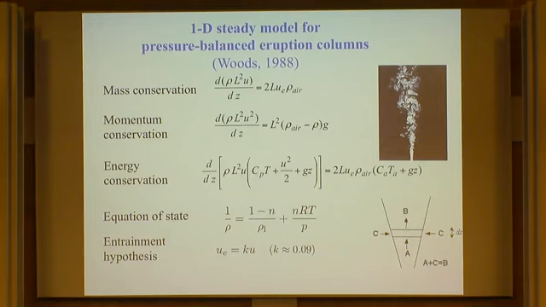And there's one important assumption called the entrainment hypothesis. That is, entrained air velocity is proportional to average velocity. That is a very important assumption. And L, what's capital L? L is the characteristic radius of the plume. I will show later how this is valid.